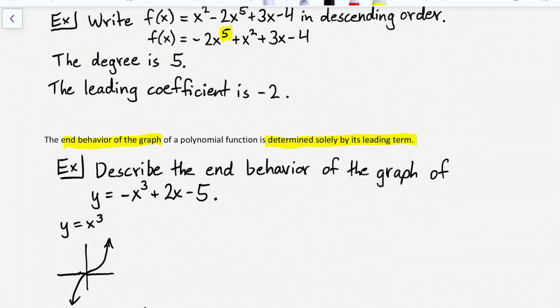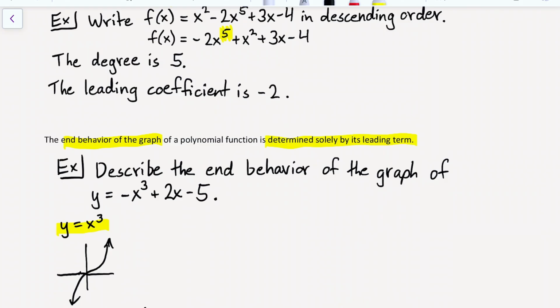So say I want to begin to describe the graph of y equals negative x cubed plus 2x minus 5. The leading term here, negative x cubed, overwhelms the other terms as we look out to negative infinity and positive infinity. And so I can simply think about, well, what does the graph of the toolkit function x cubed look like?